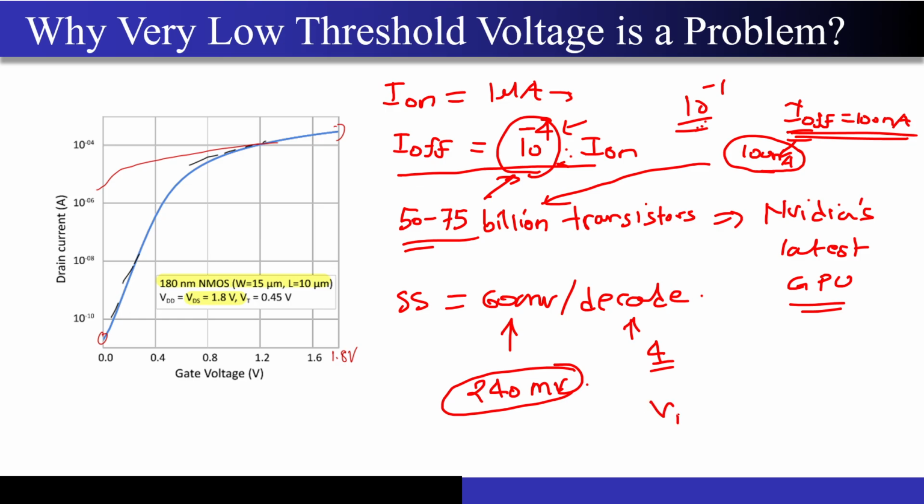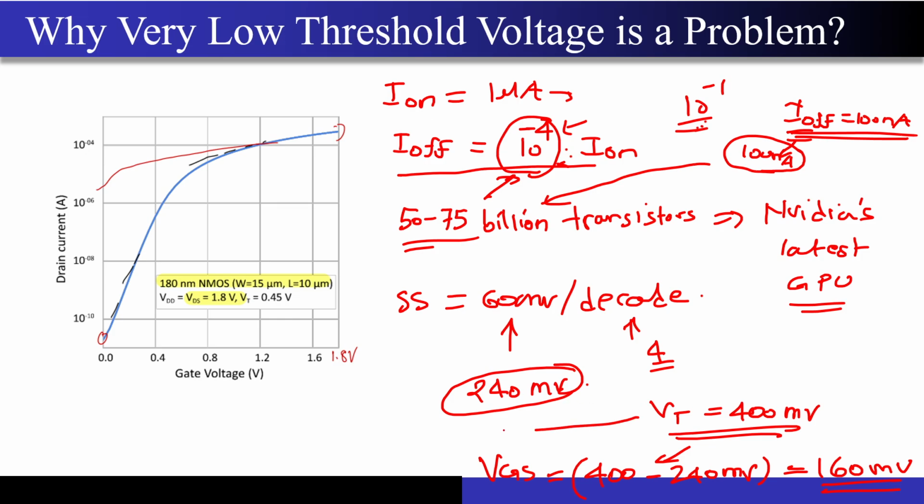So let's say my threshold voltage was around 400 millivolts. The moment I bring my VGS to a value around 400 millivolts minus 240 millivolts, which is around 160 millivolts, I can at least ensure that there is a 10 to the power 4 reduction in the current compared to the on state when the MOSFET was consuming the current.